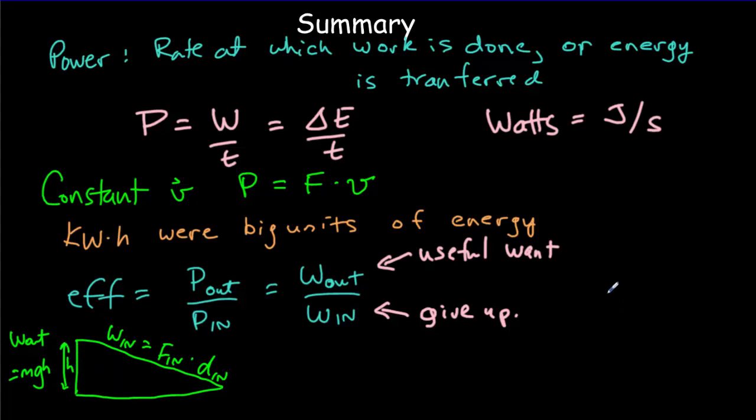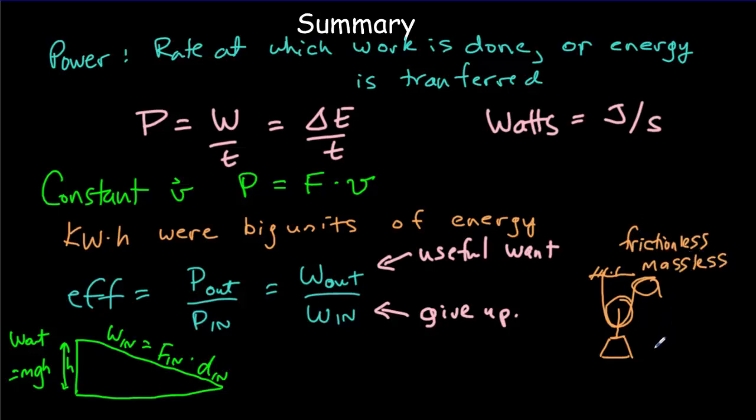And the last thing we looked at was pulleys. And we looked at a simple pulley system. And we just considered a 100% efficient pulley system where there was no friction and the pulleys were massless. So this would be 100% efficient. The input work would be equal to the tension in the string times whatever distance you got to pull that rope through.